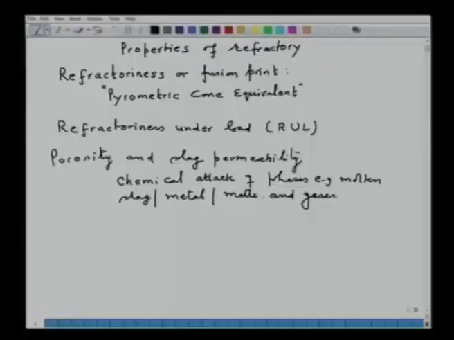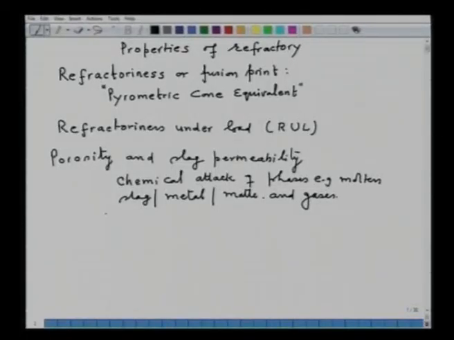Higher is the porosity, lower will be the strength, but at the same time higher is the porosity, the refractory material will have a very low thermal conductivity. So, it depends upon the application of the refractory material. If you want to put the refractory material in contact with the phases, of course the refractory material should not be porous, but if the refractory material is to be put just to avoid the heat losses, then probably a porous refractory is desirable, because a porous refractory has a very low thermal conductivity.